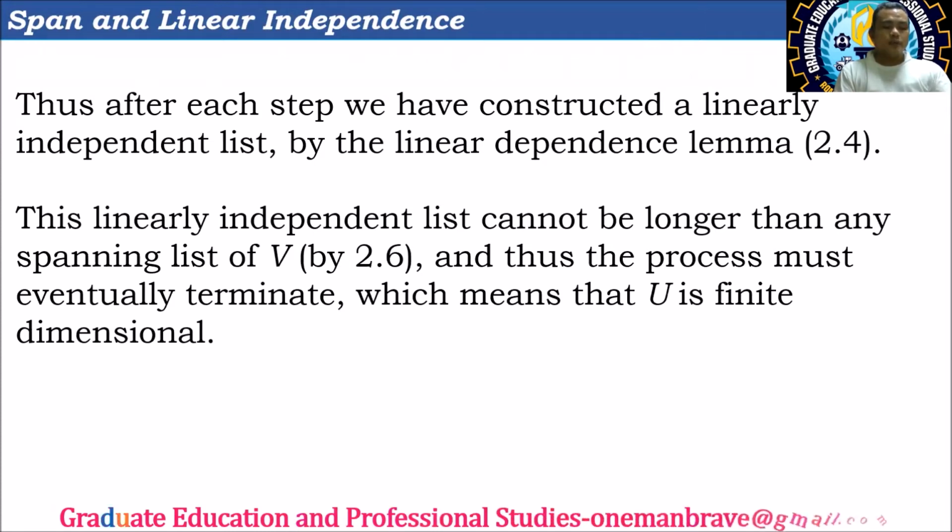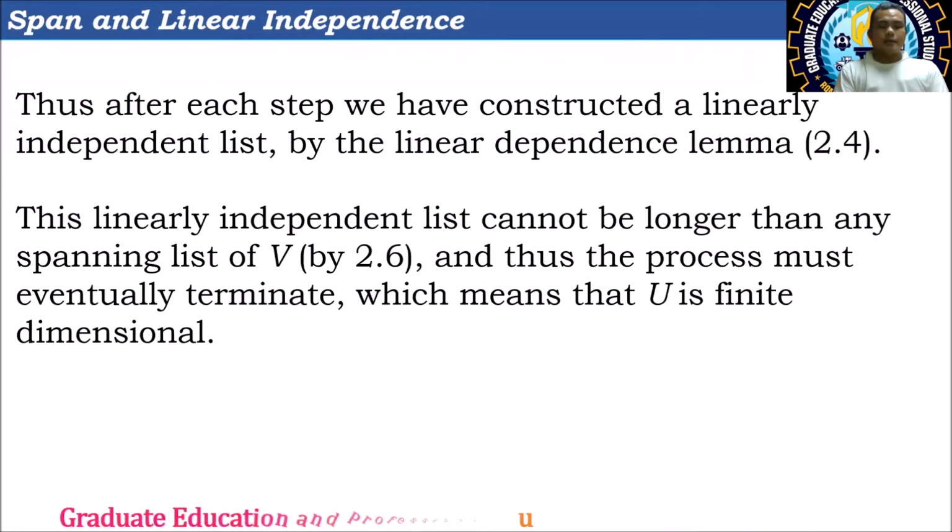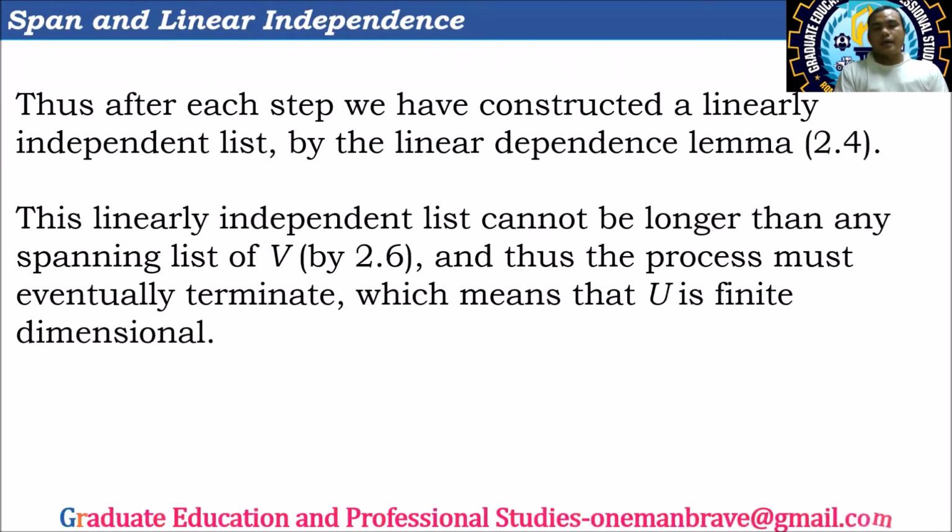In our 2.6, which we proved earlier, which also states that in a finite dimensional vector space, the length of every linearly independent list of vectors is less than or equal to the length of every spanning list of vectors. And thus, the process must eventually terminate, which means U is a finite dimensional.